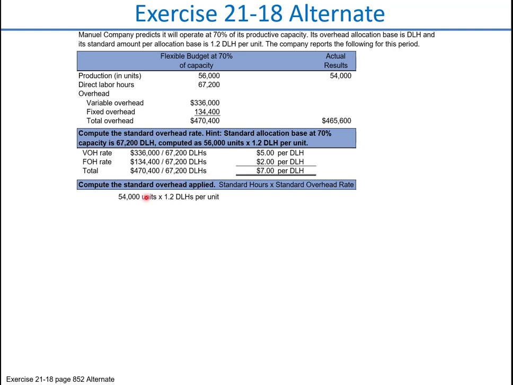Now we want to use this information to figure out what it should have cost them to make 54,000 units, because they didn't make 56,000, they only made 54,000. First of all, how many direct labor hours should it have taken them to make 54,000 units? Multiply 54,000 times the 1.2.